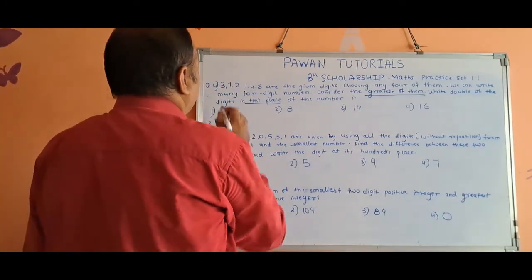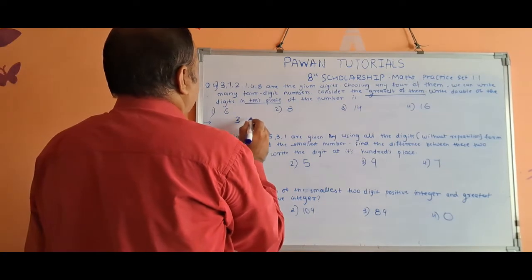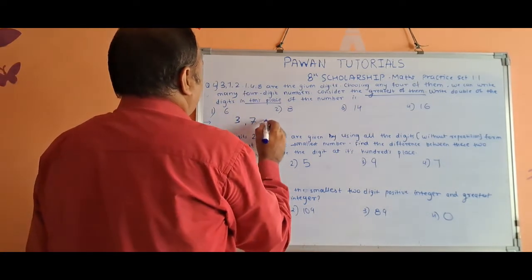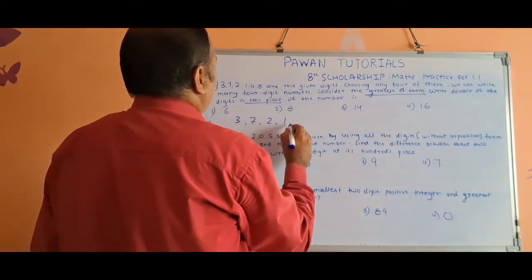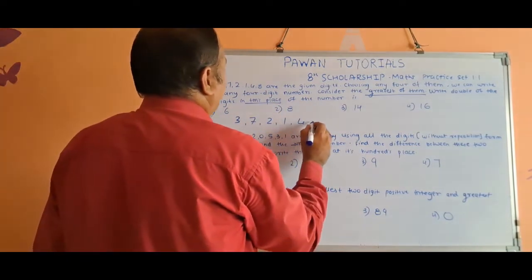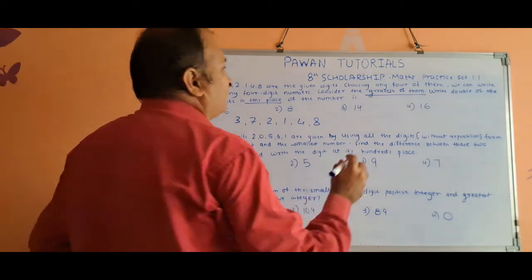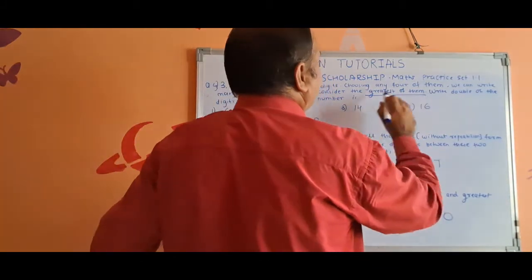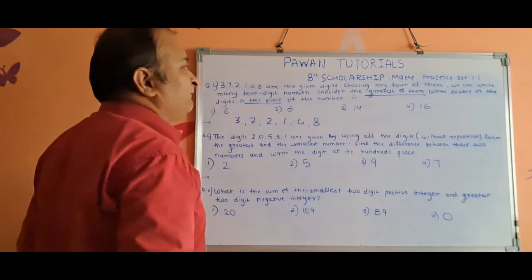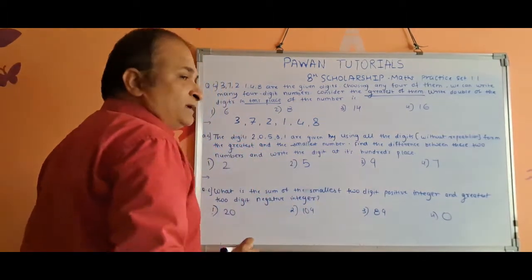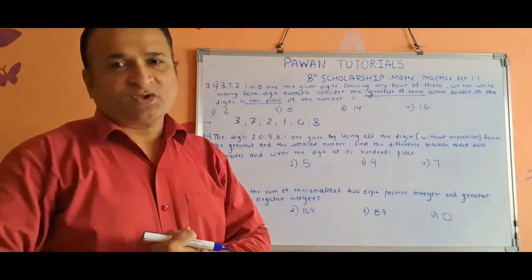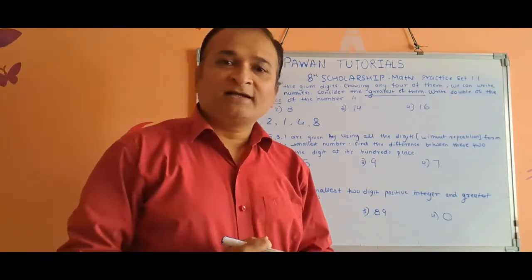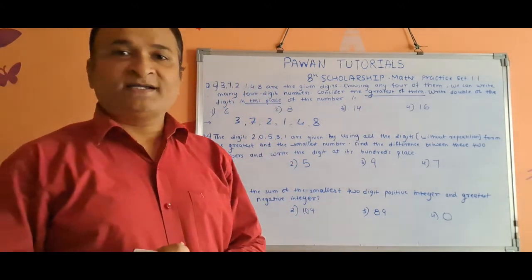The numbers are 3, 7, 2, 1, 4 and 8. Now we have to consider any four of them and form the greatest number. So in order to form the greatest number, which order will you consider, ascending order or descending order?